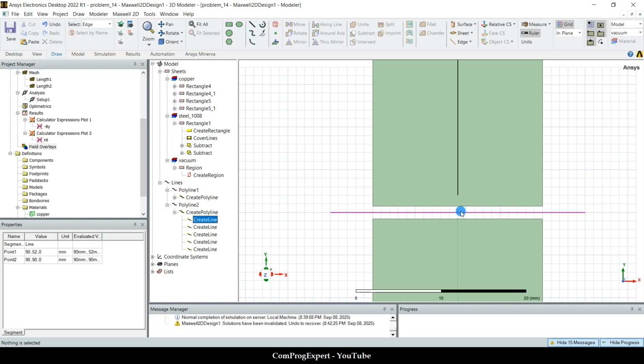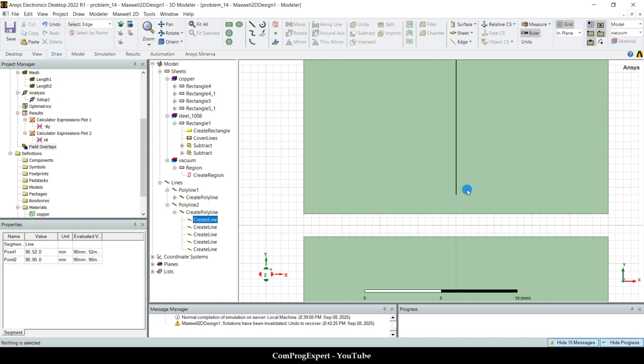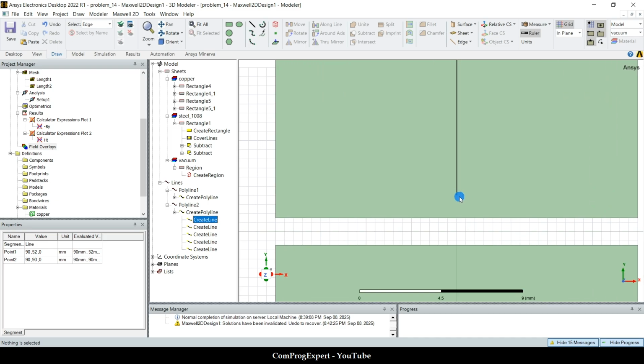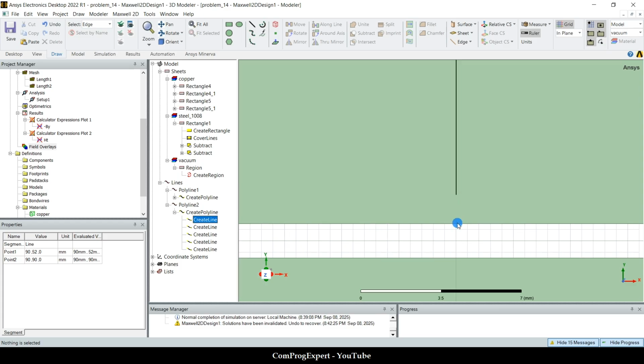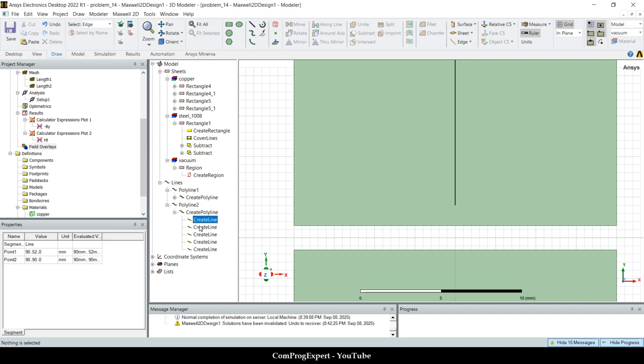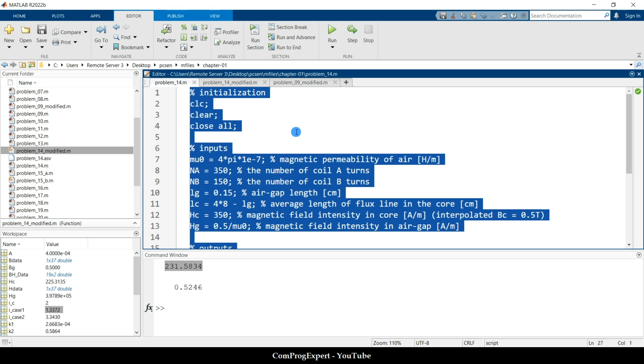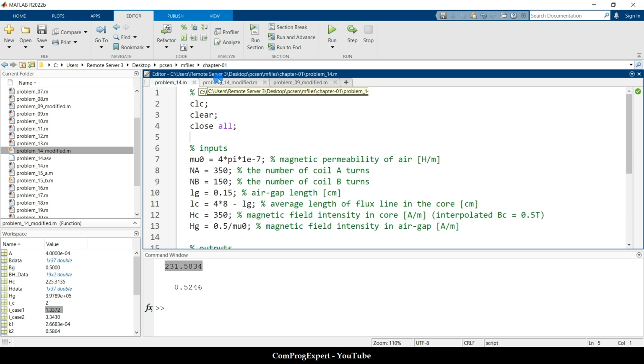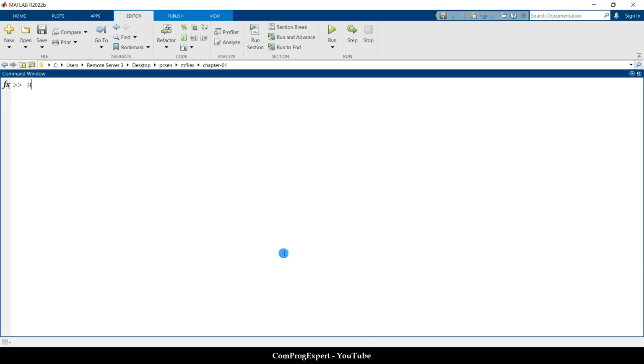Okay, and for this segment I start integrating and calculating the average value from this point, not very close to the air gap, because in the air gap field variations are high, and you will see that data, right? That is very high. We know that the h in the air gap is much higher than the h in the core. So you will see that data in the graph.